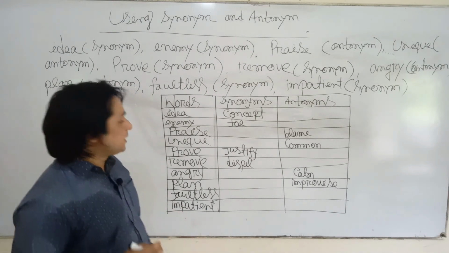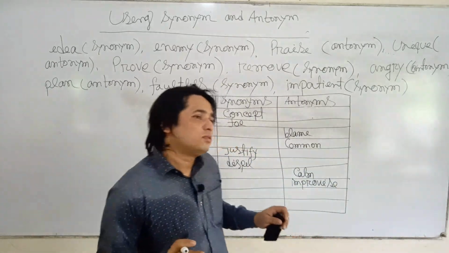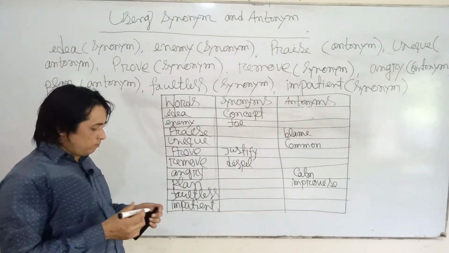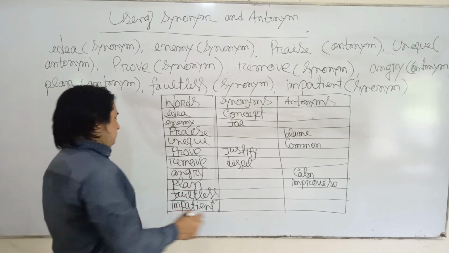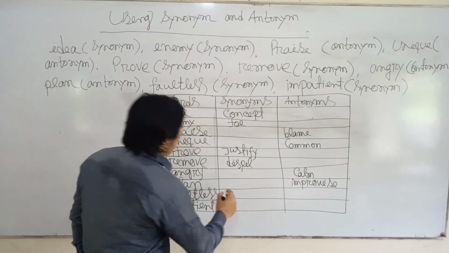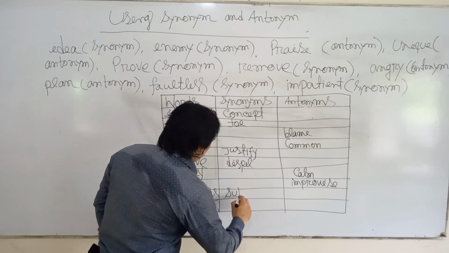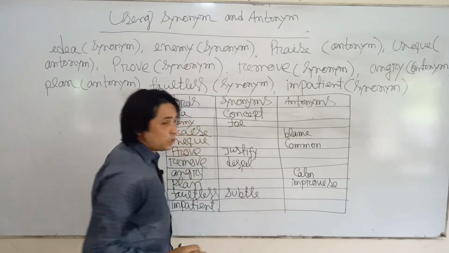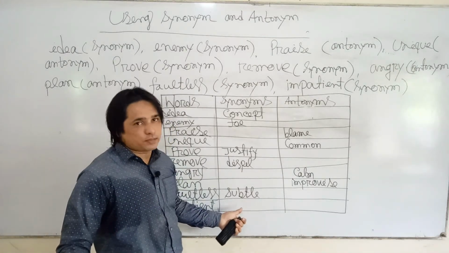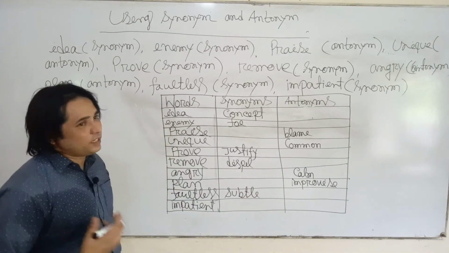Faultless, synonym. Faultless means without any fault. There is no fault, or there is no problem in anything. The synonym of the word faultless will be subtle. Spelling is S-U-B-T-L-E, not subtle as pronounced wrongly. Subtle means faultless, without any fault.